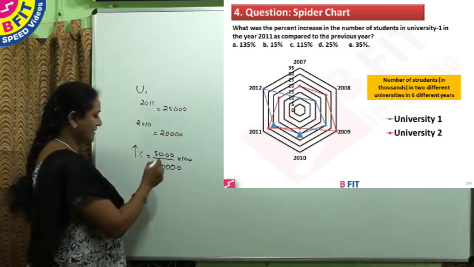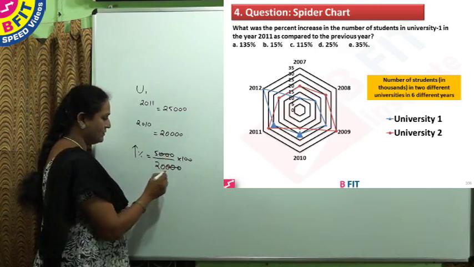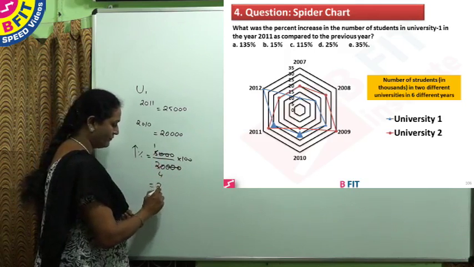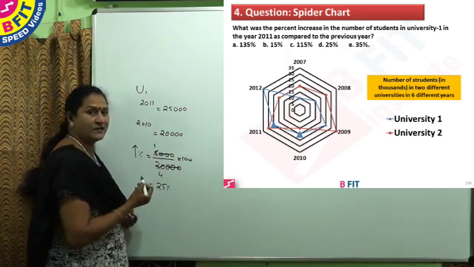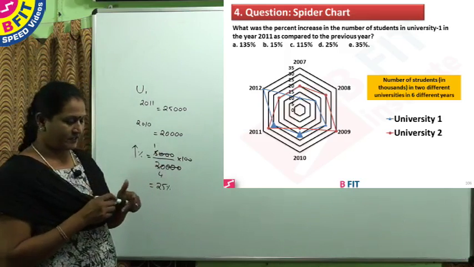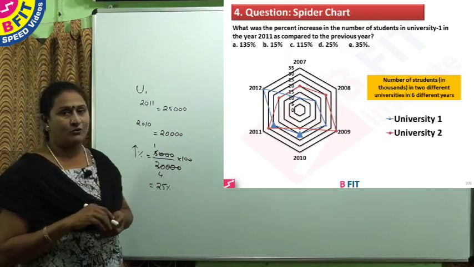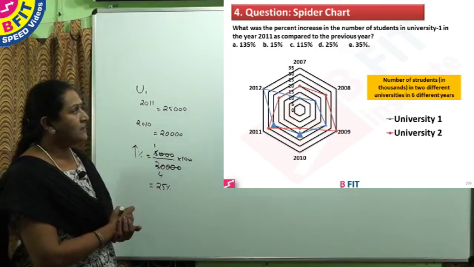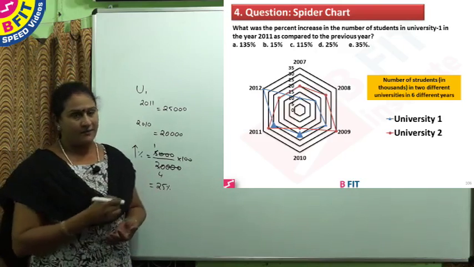Now what is the percentage? Cancelling these zeros, 5 fours are 20, so 100 by 4, 25%. The percentage increase from 2010 to 2011 for University 1 is 25%, and the answer is option B.